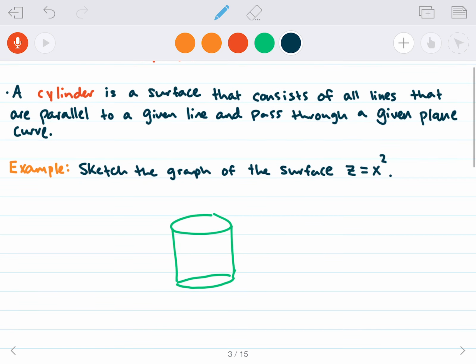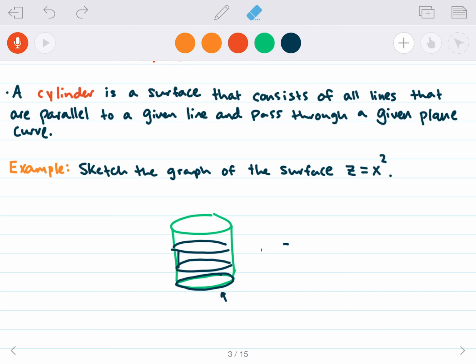What do I mean by that? Well, notice that in the cylinder we're used to, we have circles that are projecting upwards. So that's a cylinder, because we're basically taking a base circle and just projecting it up along the z-axis in this case.